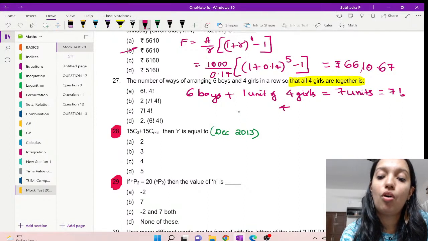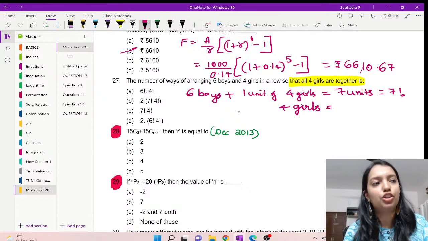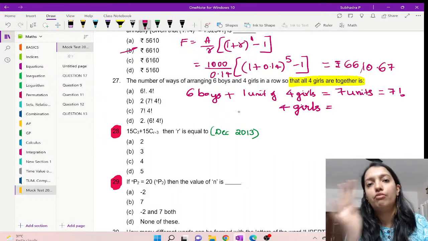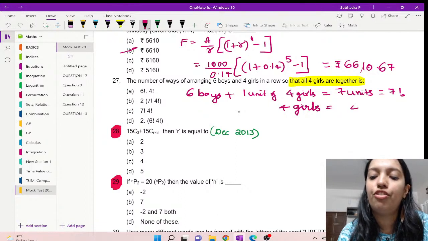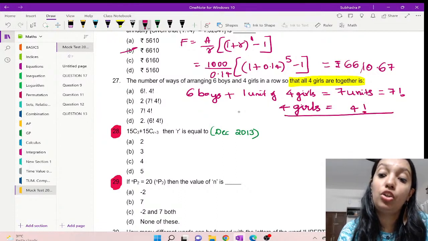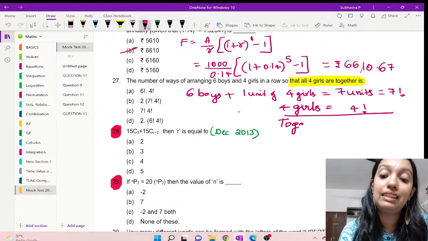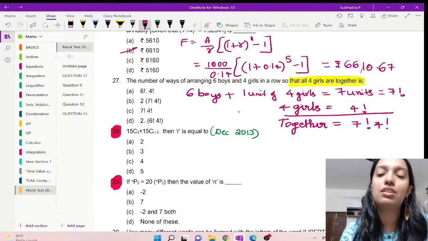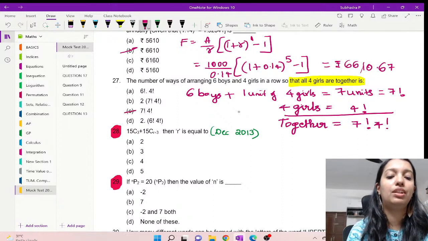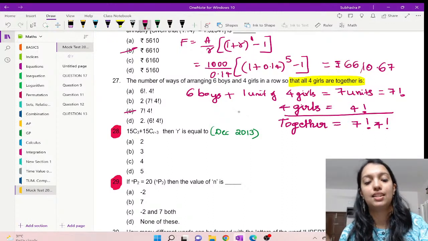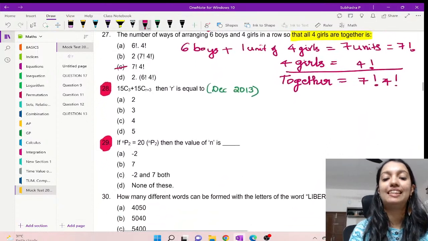Next, 4 girls can be arranged among themselves. If I just give you 4 girls and ask you to arrange them for a photograph, 4 girls can be arranged in 4 factorial ways together. Remember, this is case number 3 among the cases that I discussed in class. Together they can be arranged in, you just have to multiply them, 7 factorial into 4 factorial ways. That is the answer for the 27th question.